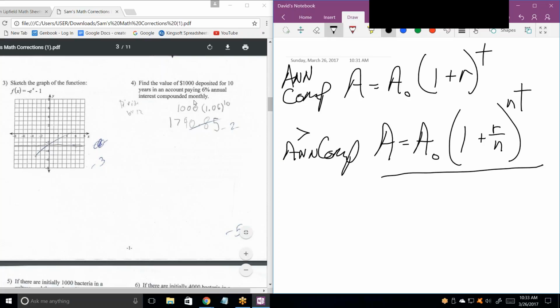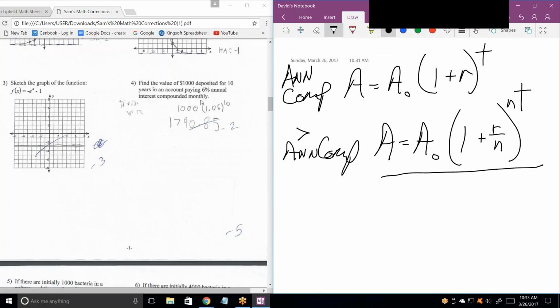Because they're compounding your interest monthly, what is n going to be? Well, in this equation, what does n mean? It'll be 12. It's the number of times per year you're compounding. So it would be 12, you're correct.